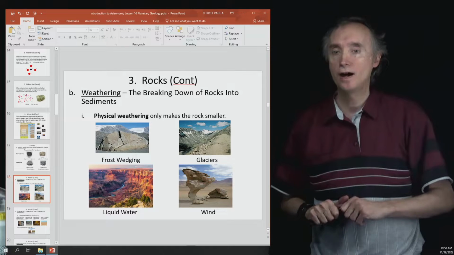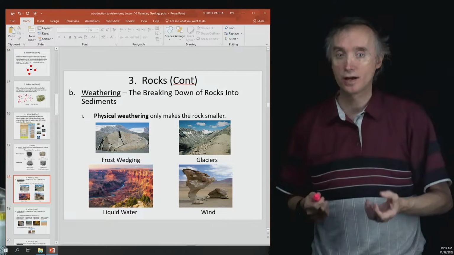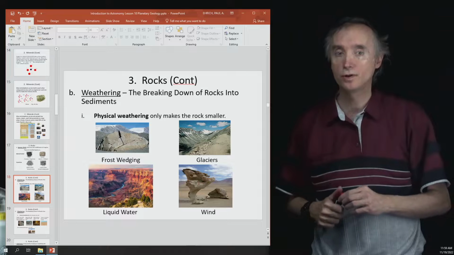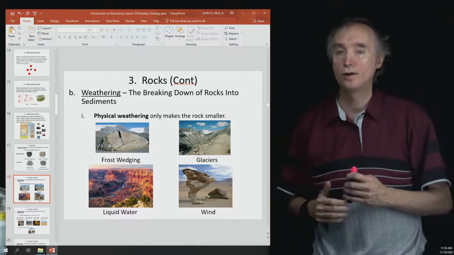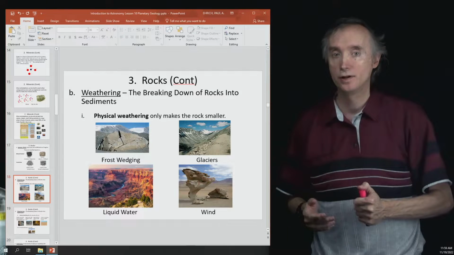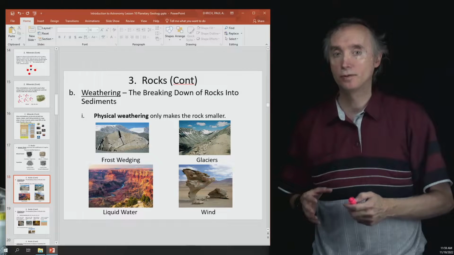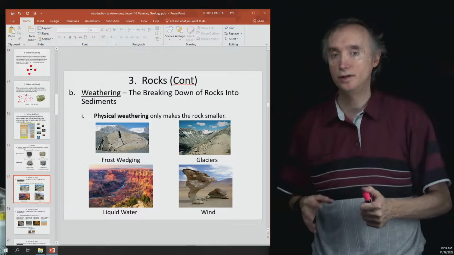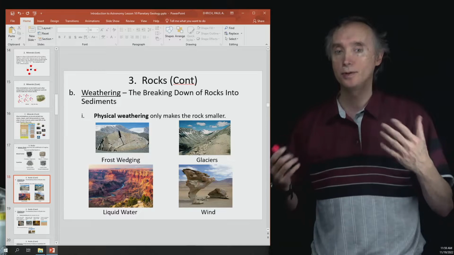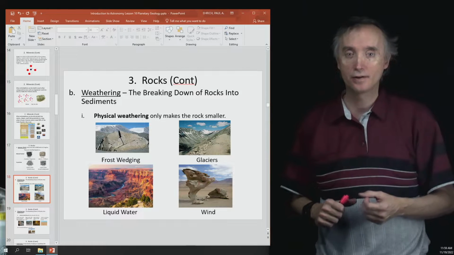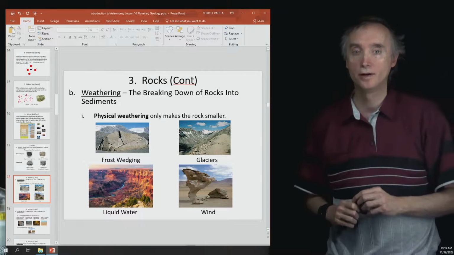Okay, now that we've got our rocks, so we've got some igneous rocks, what's going to happen to them? Well, they're going to be weathered. Weathering is the breaking down of rocks into sediments, into pieces, parts. And there are two kinds of weathering.